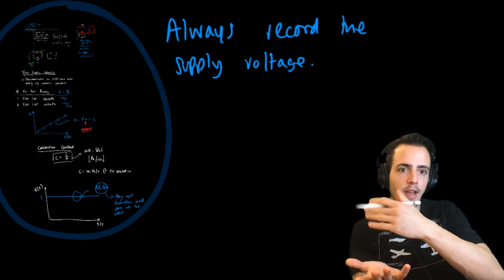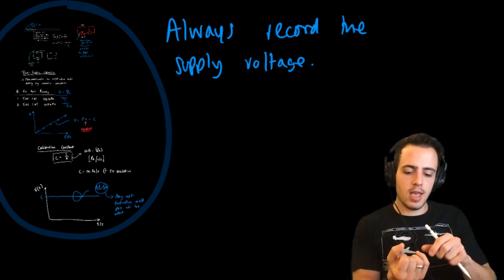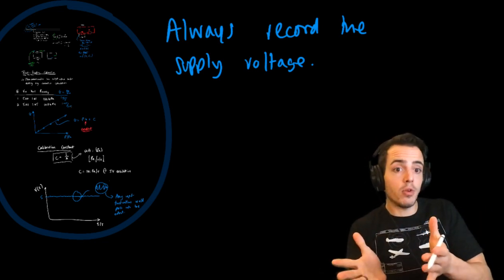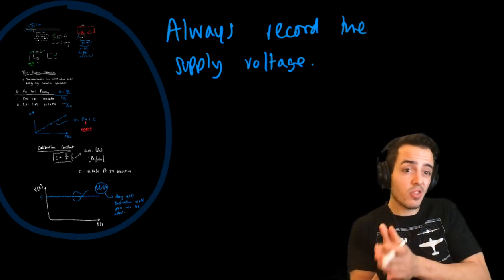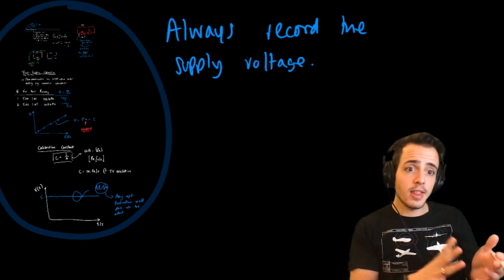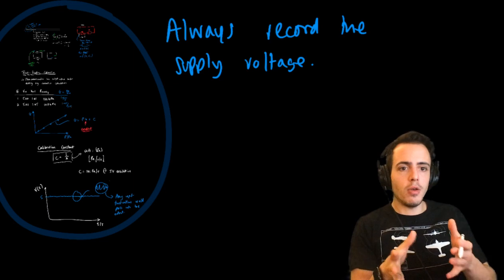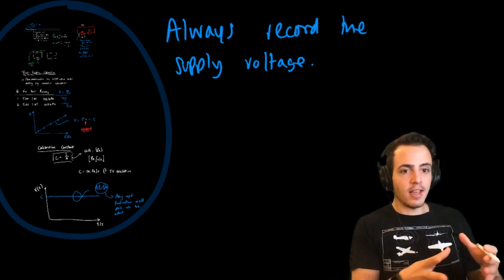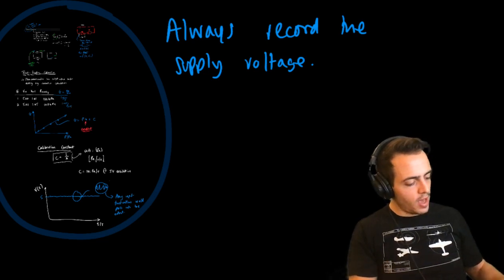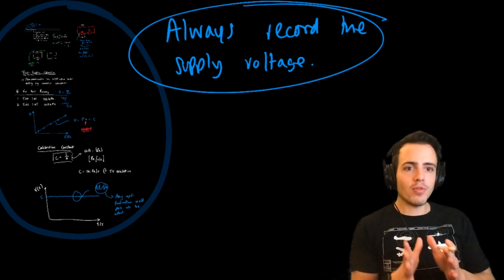So a transducer could have, say, from 5 to 16 volts. Record it. Take the input voltage and duplex it off to your data acquisition system, and record it on the same device, if possible, that you're recording your output on as well. That will help if we're ratioing them later, if there's some non-unity gain inside our ADC, that will help get rid of that. We're not going to look at that too much for today, but if you take one thing away from this lecture, always record the supply voltage.